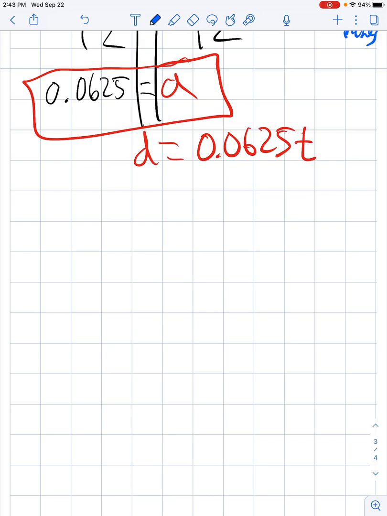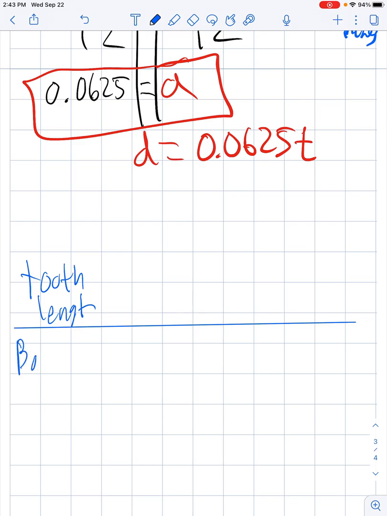So if I've got my tooth length, tooth length, and then I have body length.